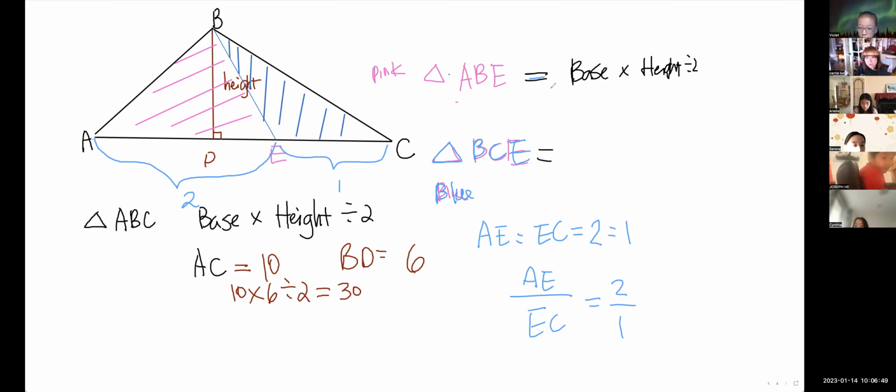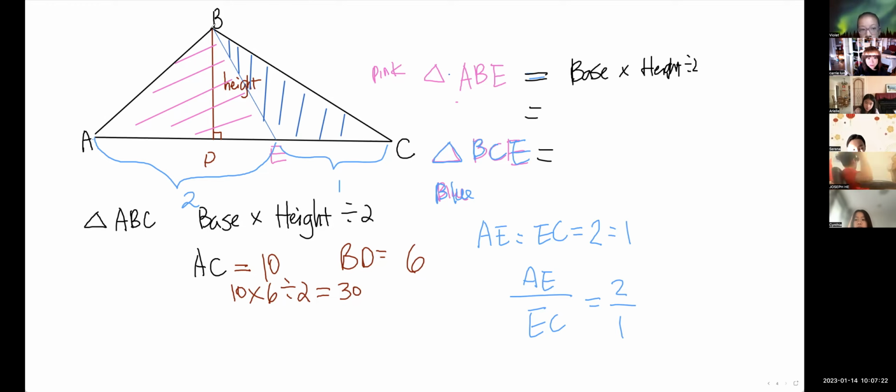So for ABE, what is the base? Violet, what is this triangle ABE's base? So we have a triangle ABE. What is the base of this triangle? Ariel, can you tell me? Can you help me? AD.